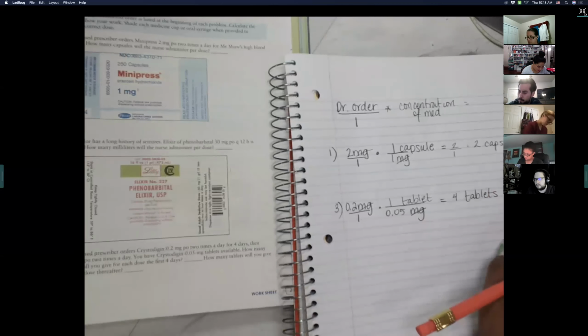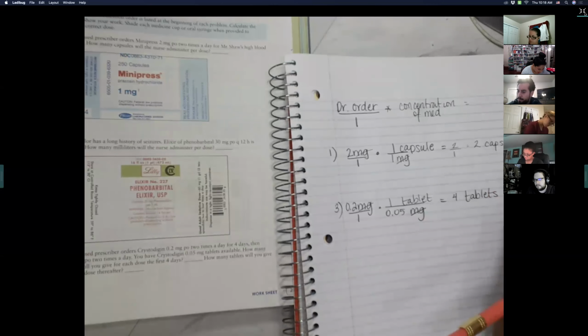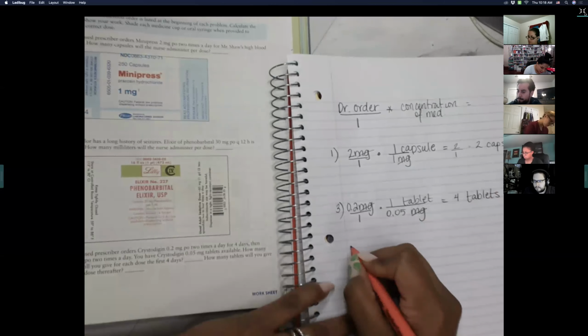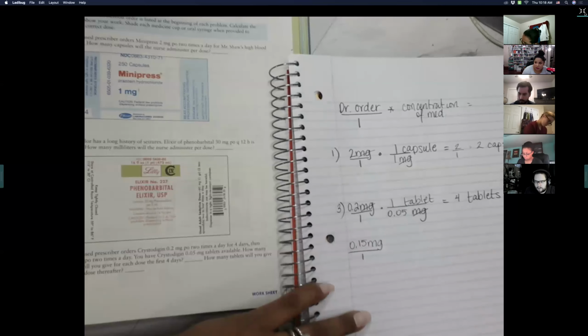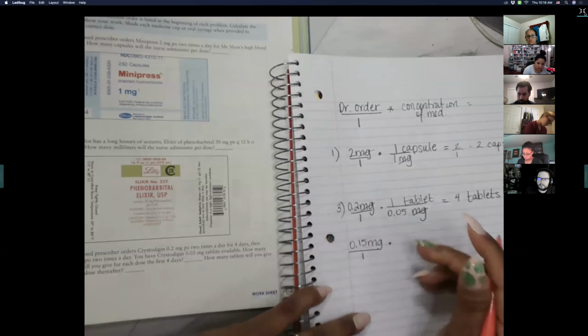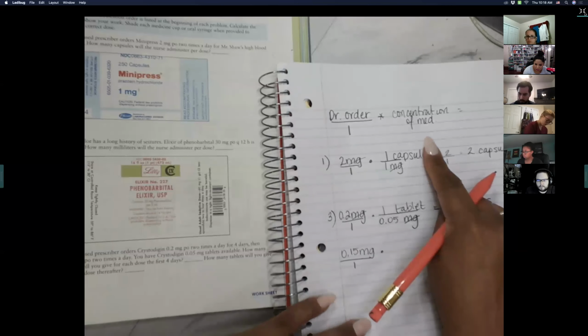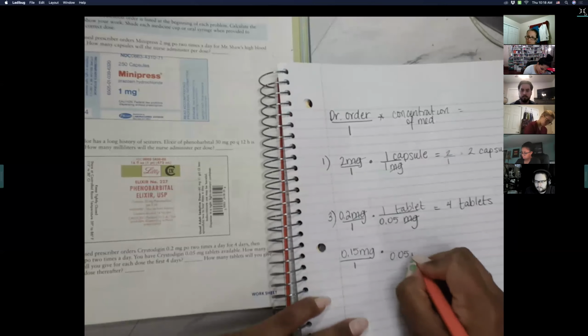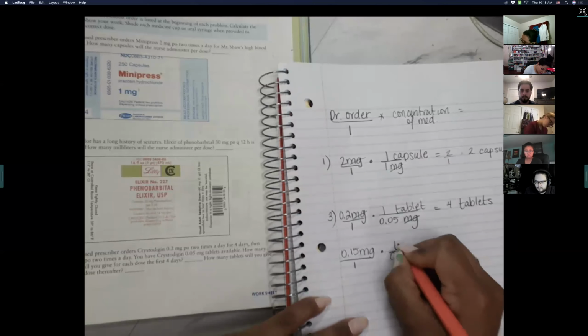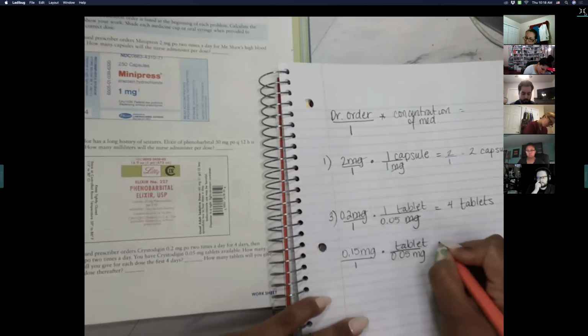After the first 4 days, then the patient is prescribed 0.15 milligrams. I'm not changing the medication, so I still use the same concentration of my medication, the original 0.05 milligrams per tablet.